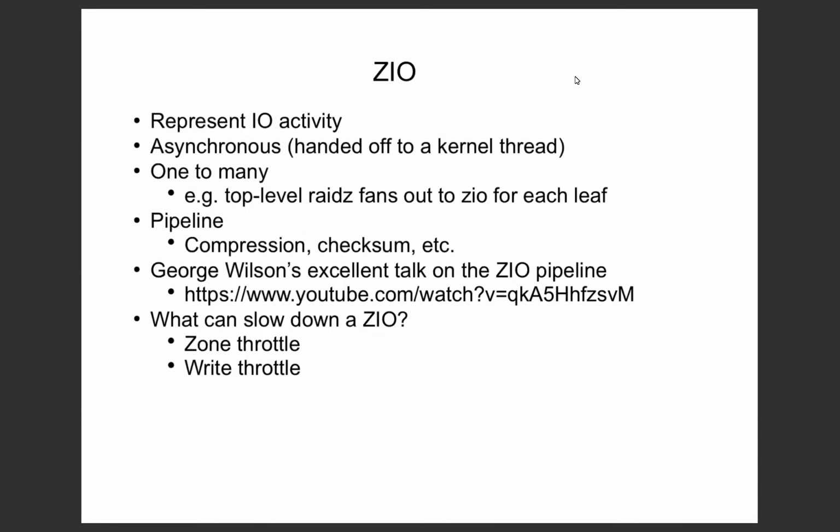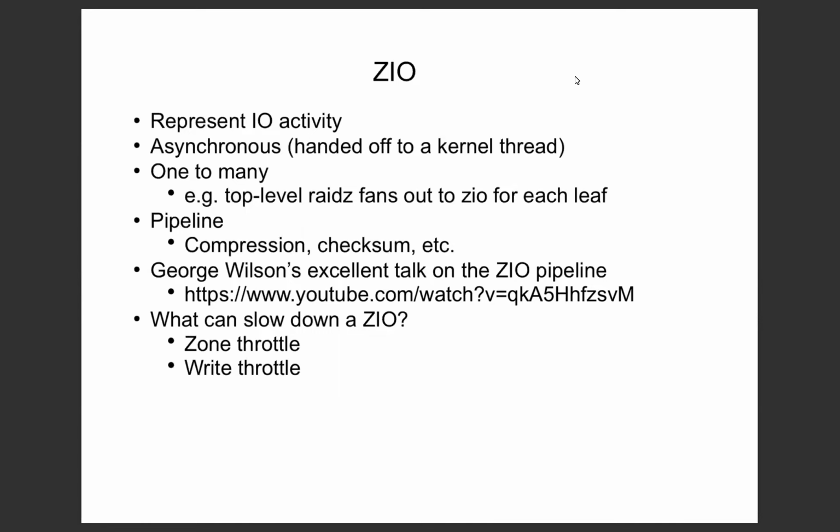What happens is, when these ZIOs go through, there's actually a pipeline that does a bunch of work, because ZFS has things like compression and checksumming built in. So there's a whole bunch of work that happens to a ZIO as it's going through this pipeline before it goes out to disk.